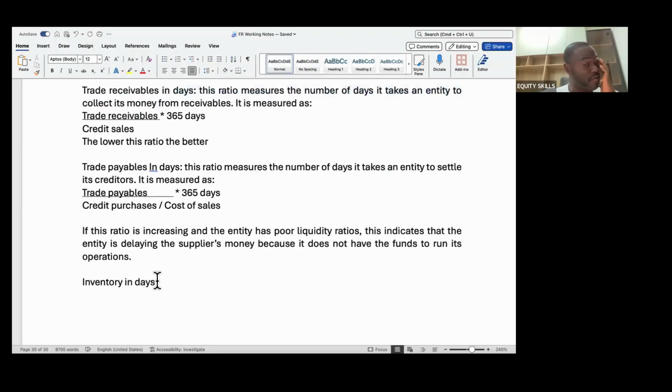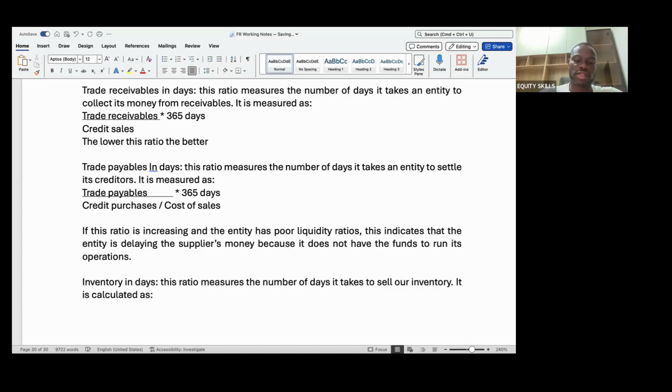Then we have inventory in days. This ratio measures the number of days it takes to sell our inventory. So how long it takes us to sell our inventory, and it is calculated as my closing inventory.